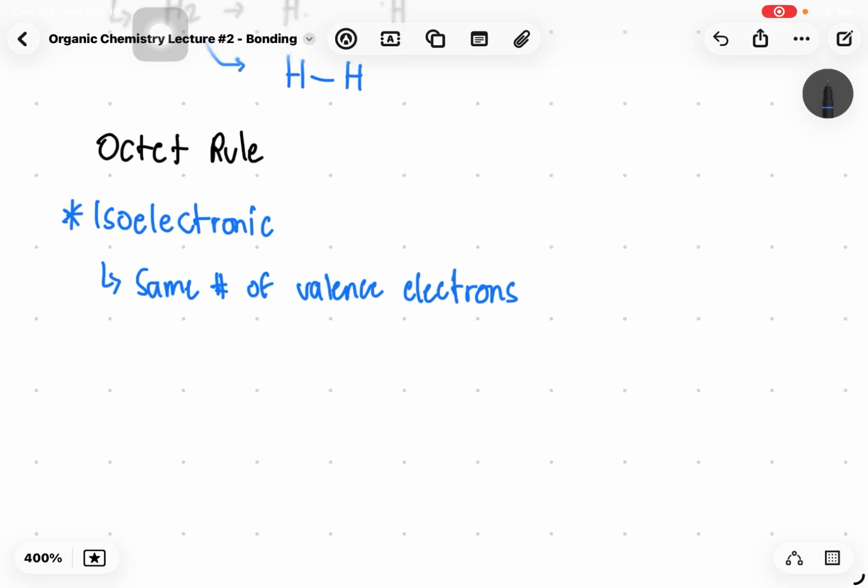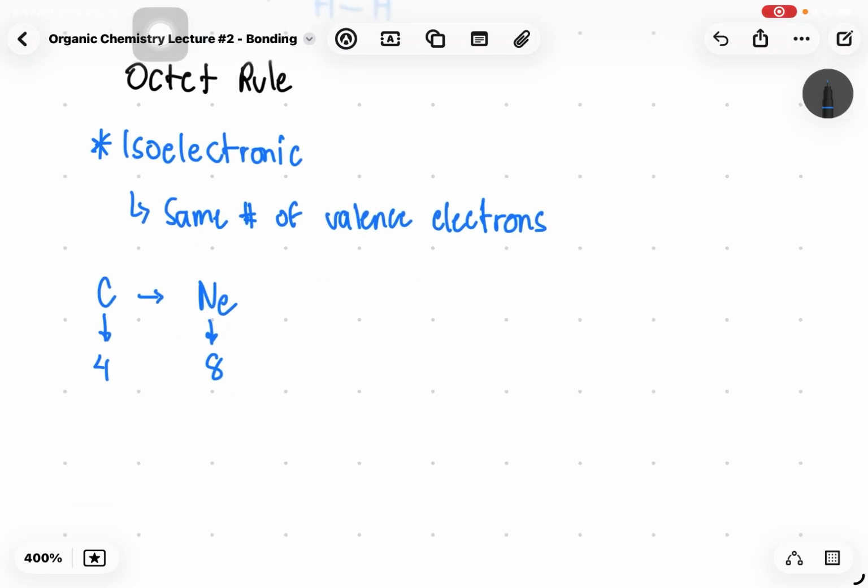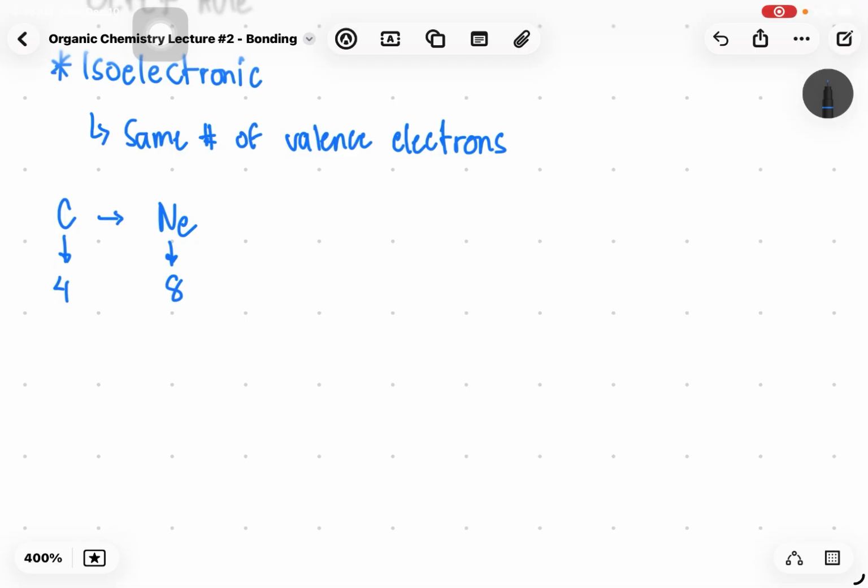So if we have carbon being isoelectronic with a noble gas, or being stable, means that it's isoelectronic with the nearest noble gas, which would be neon. And neon has 8 valence electrons, while carbon has 4. Meaning to attain that isoelectronicity, we would need 4 bonds around carbon.